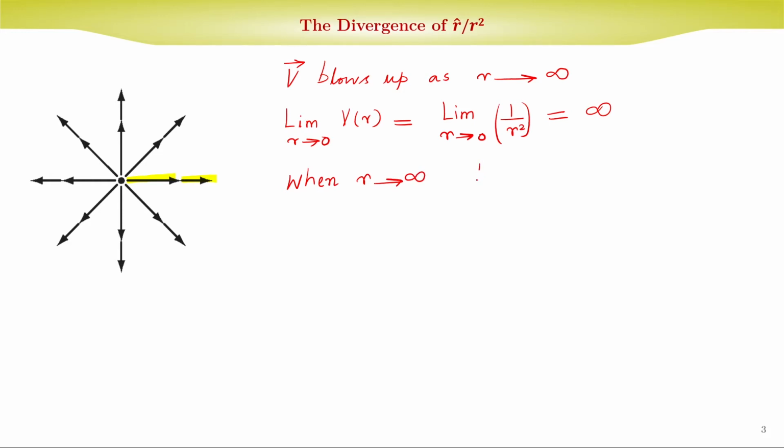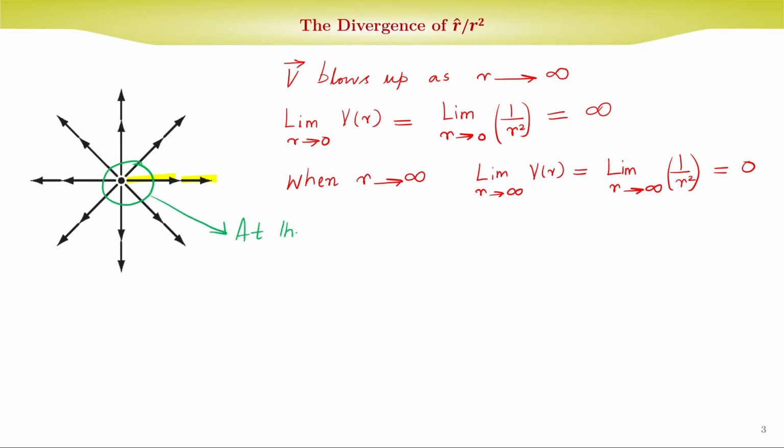In this case, when we take the limit r tends to infinity of v_r, this will be equal to the limit r tends to infinity of 1 over r square, and this is equal to 0. That means that the function blows up at the origin.